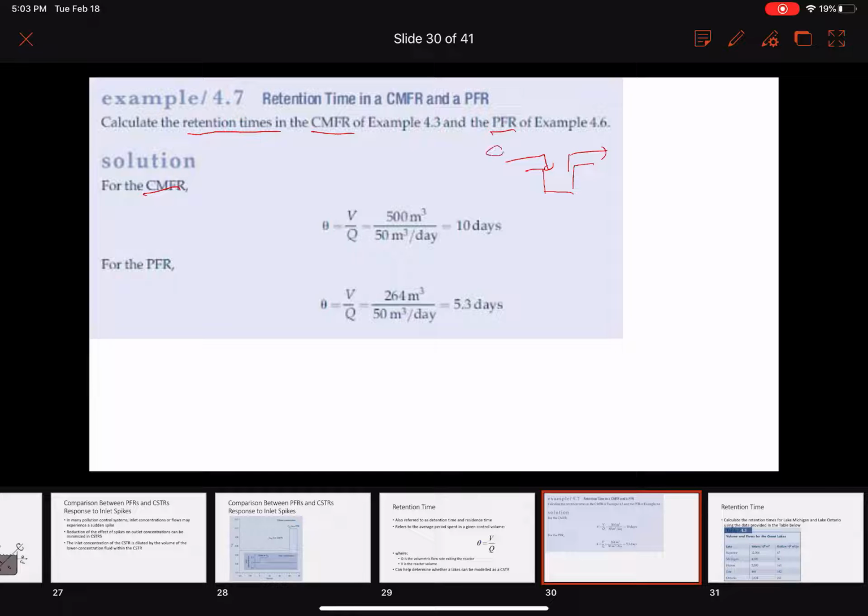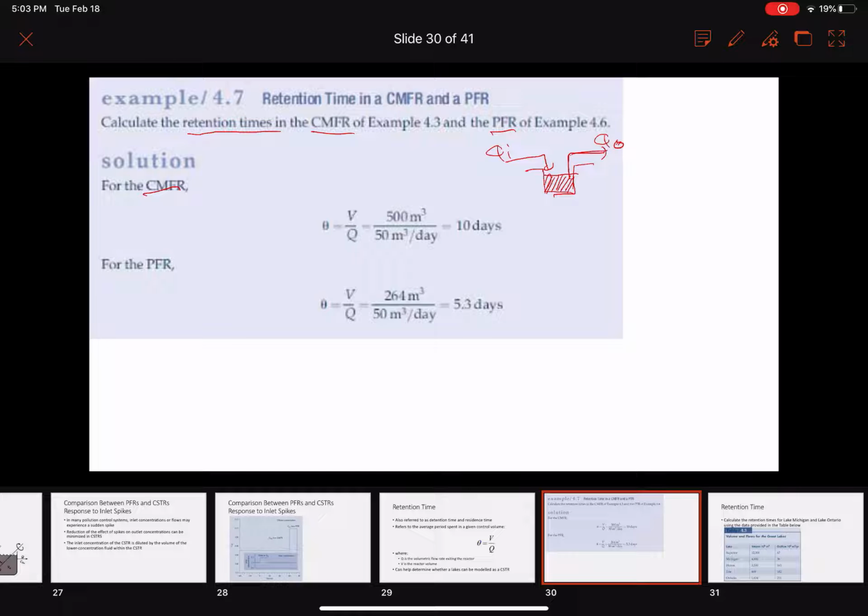Q in and Q out are continuously going through the tank. Of course, there is water inside the tank. How long does this water stay inside the CSTR before it goes out? This is what we call retention time or residence time.